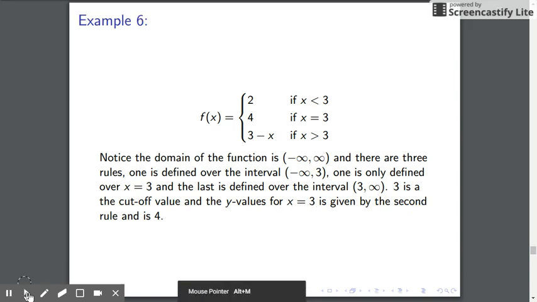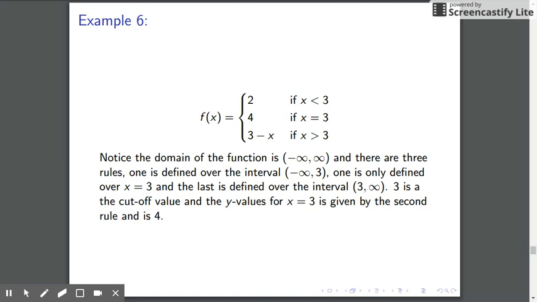Now let's start this example. This example again has three different rules for the function, but two of them are intervals, x less than 3 and x bigger than 3, but the one in the middle is not an interval.